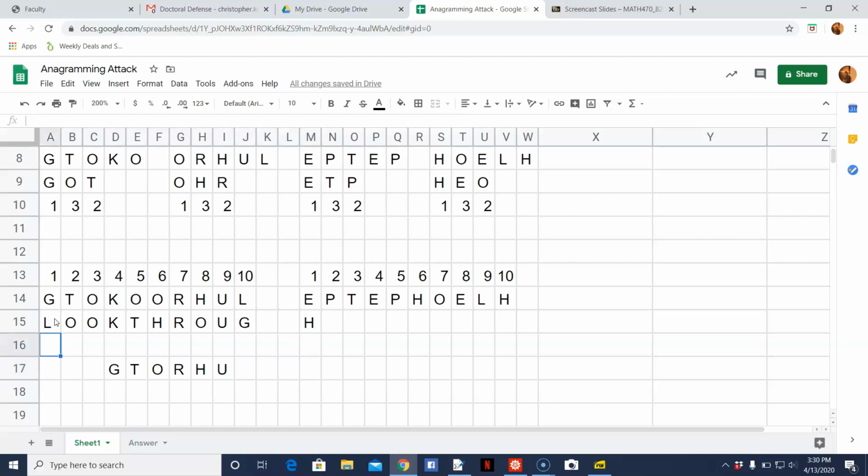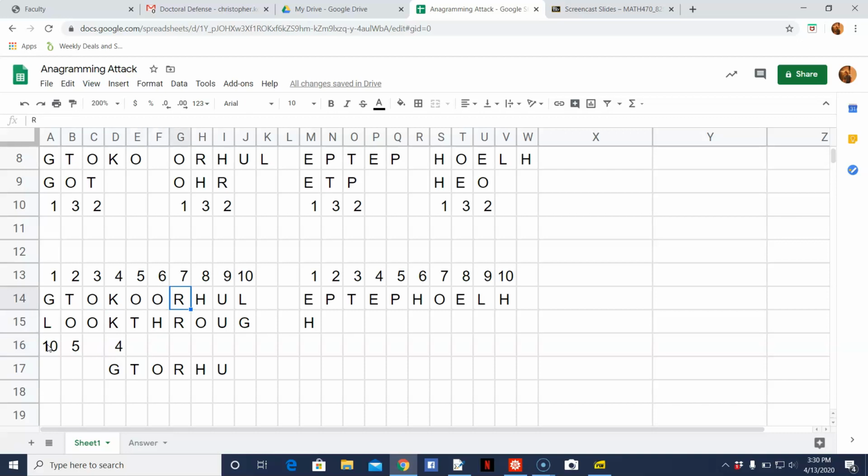Okay. So the G goes to the 10th position. So 1 gets mapped to 10. T gets mapped to 5, so 2 goes to 5. I'm going to leave the O's for now. There are just too many to worry about. 4 remains the same.